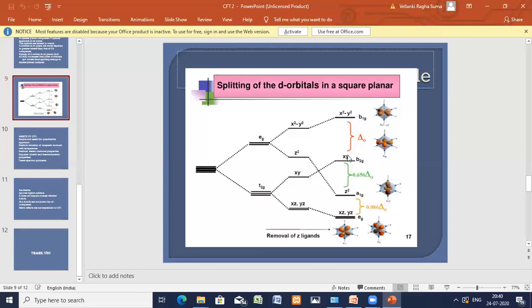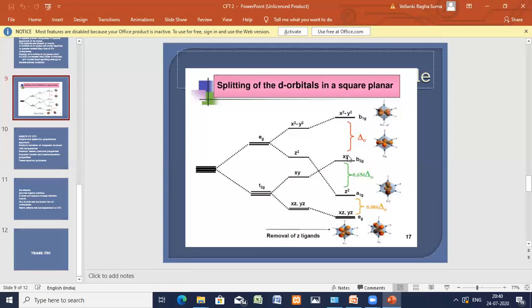The energy gap between the T2g and Eg orbitals that arises because of the difference in electrostatic field exerted by the ligand on the T2g and Eg orbitals of the metal ion is called crystal field stabilization energy.